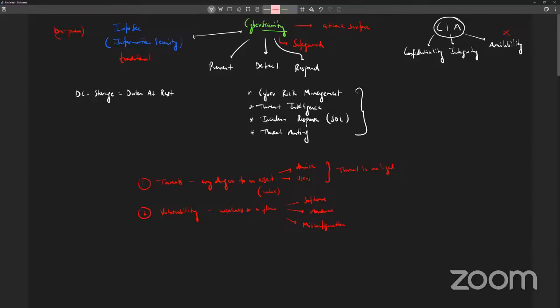And it's very easy for you to look up vulnerabilities. Vulnerabilities are identified with the help of CVEs, which stands for Common Vulnerabilities and Exposures.